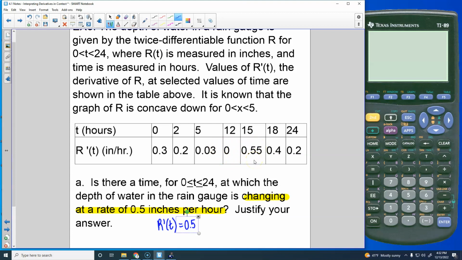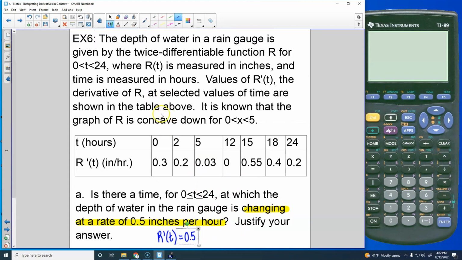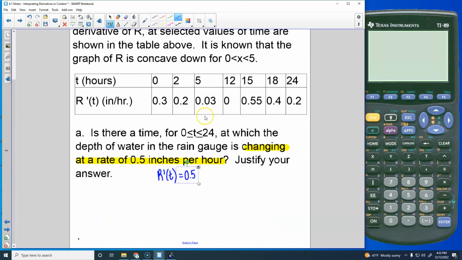So the only way this can happen is if our rate of change goes to 0.5 at some point. We know this is the case because it tells us r is twice differentiable. So this is actually our intermediate value theorem. If we had values of r, we could do mean value theorem, but we don't, so we can't do that.